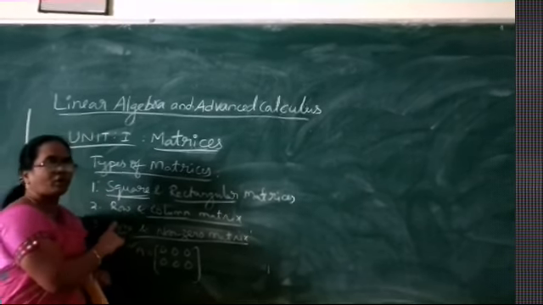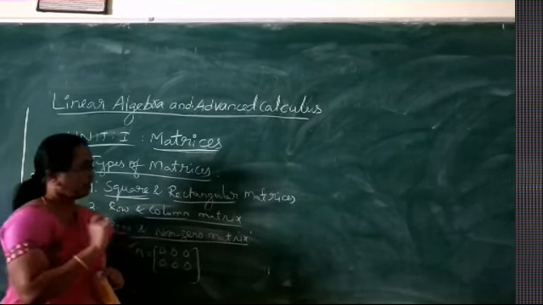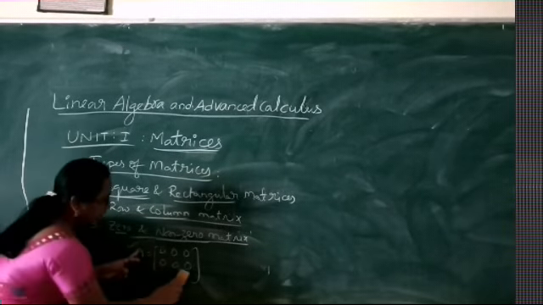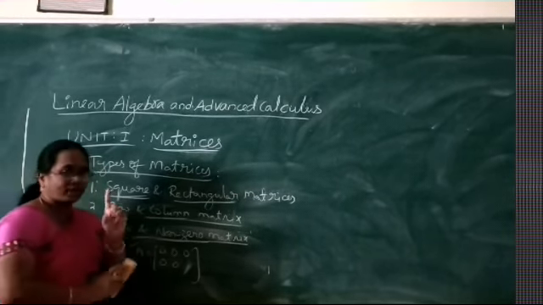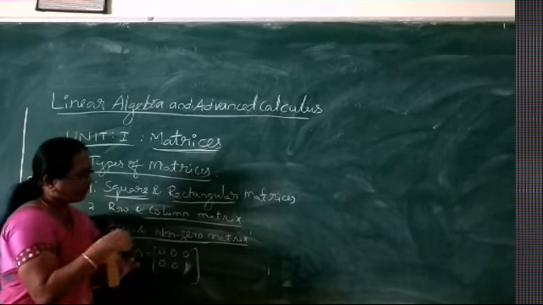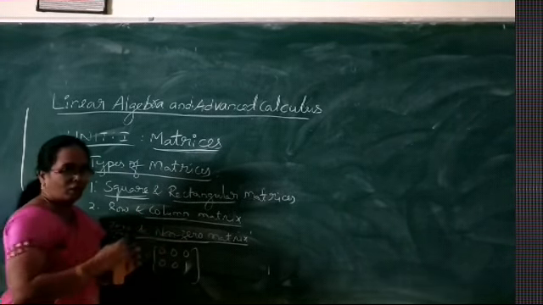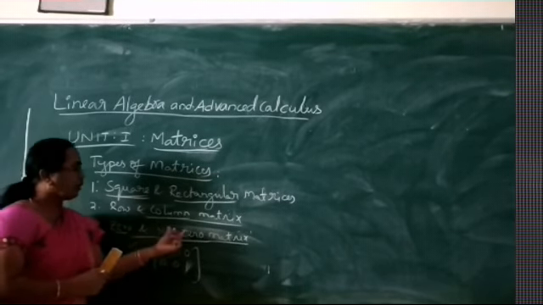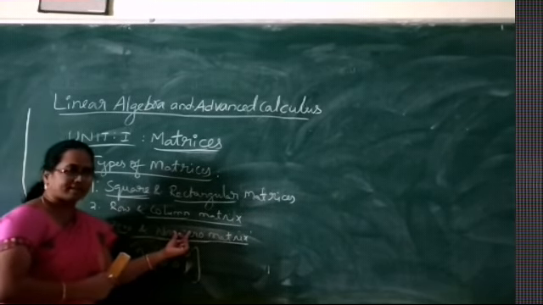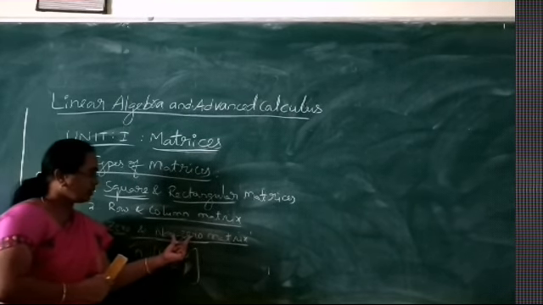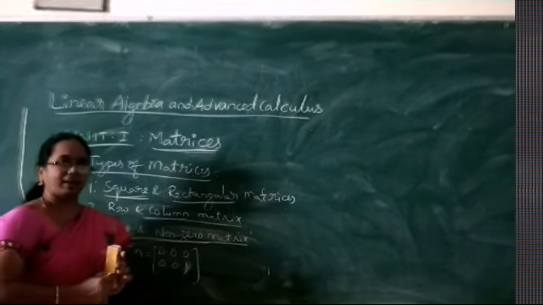This can also be called a null matrix. And coming to non-zero matrix, suppose in a matrix at least one element is non-zero. Whatever may be the row number and column number, if at least one element in a matrix is a non-zero number, we call the matrix a non-zero matrix, or a matrix which is not a null matrix.